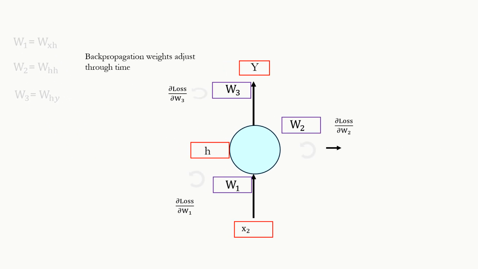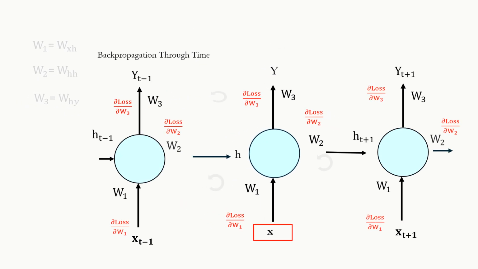Then backpropagation, basically the weights adjust through time. So we have the loss W1, loss W2, loss W3. And you could see this backpropagation through time, okay? Notice that the losses for all the weights are similar, right? But we're using it at each time step, xt-1, xt, and xt+1.